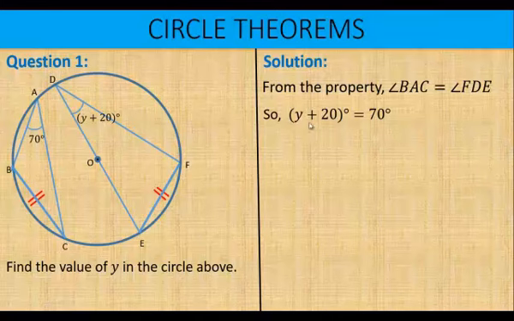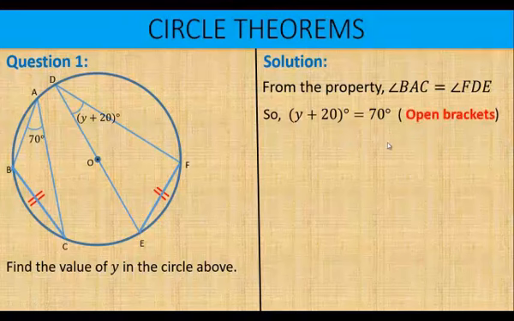So (y + 20) degrees is equal to 70 degrees. We have equated these two angles. One can write 70 degrees is equal to (y + 20) degrees, and can write it the other way around. So that is what you see on the screen.